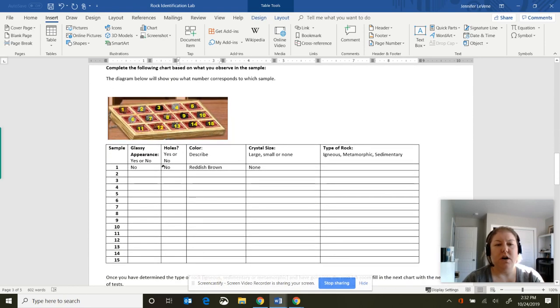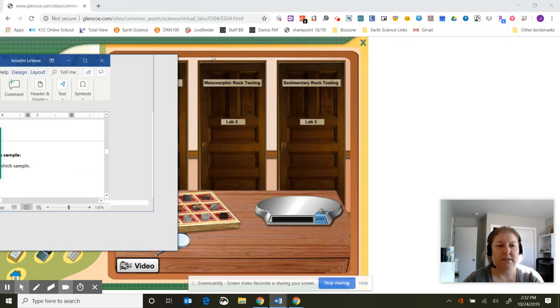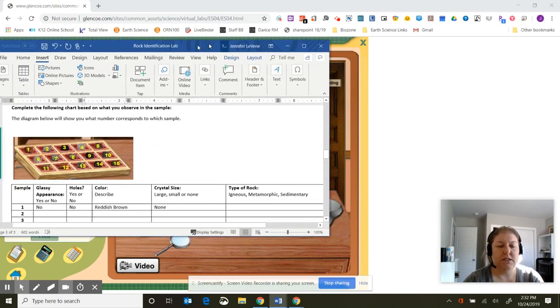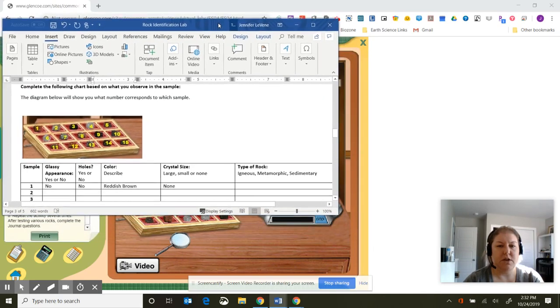So we're going to work on number one. Here are your sample numbers based on the lab itself. We're going to go sample by sample and answer certain questions. Of course now it doesn't want to split my screen, so I'm sorry.